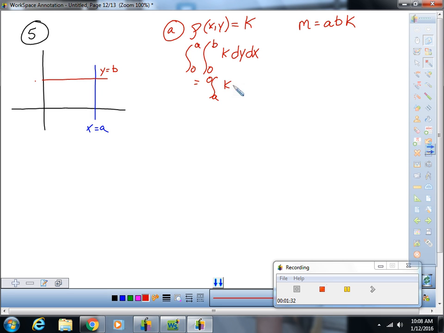The integral of KY, so KB dx, and then that's going to be x KB from 0 to A, right? So that is A, B, K. Does everybody follow all that?